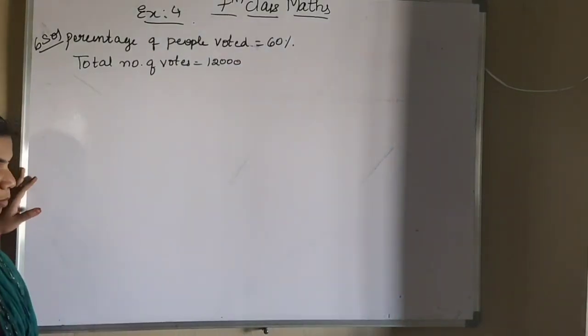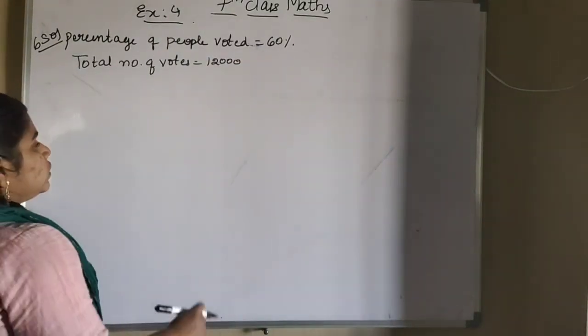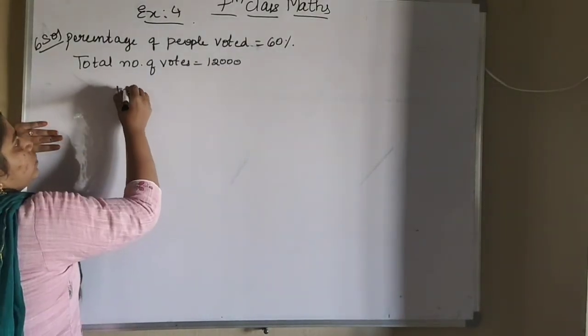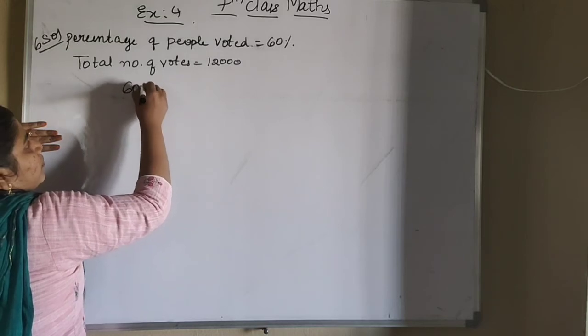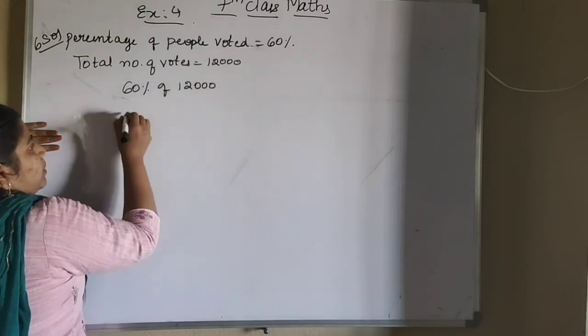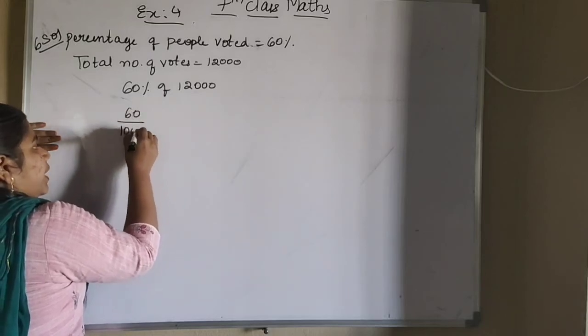So in that how many were voted we have to find. So what is 60% of 12,000 we have to find. So 60% of 12,000. 60% you can write in the form of 60 by 100.